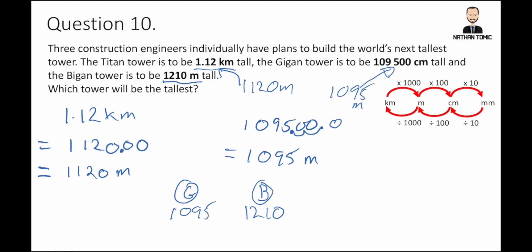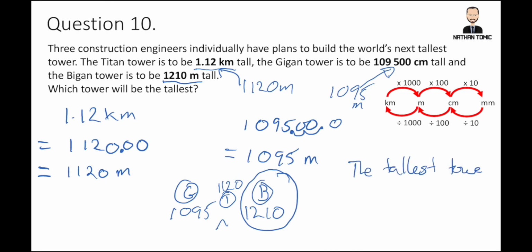That's going to be in here, actually, 1120, which is the Titan Tower. So we can see in this case that the Bigan Tower is the biggest. So we have to still write a worded answer, though. So the tallest tower is the Bigan at 1210 meters. So that would be a suitable answer.